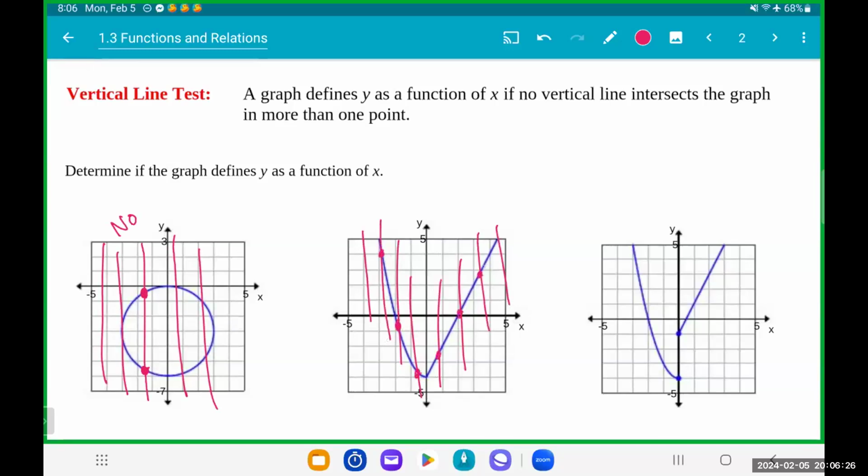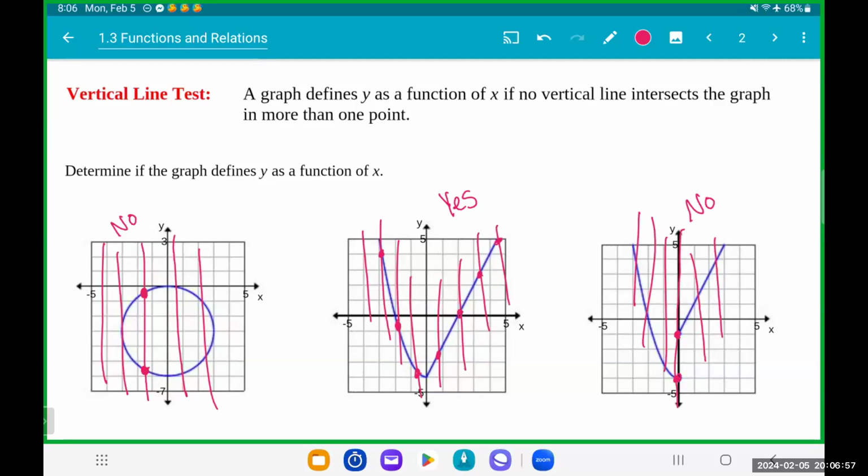Each vertical line only crosses my graph one time, so yes, this is a function. What about here? I see I cross here and I cross here, so no, this is not a function, because even though it only occurred in those two locations, it fails the vertical line test.